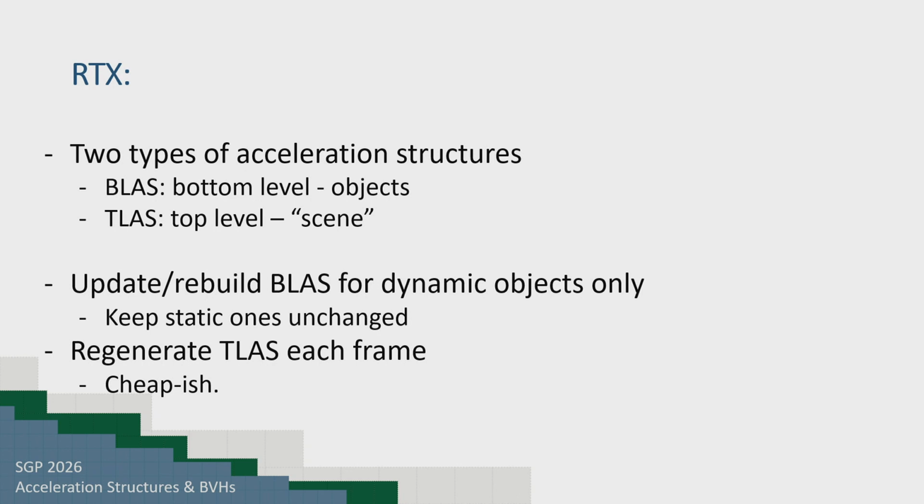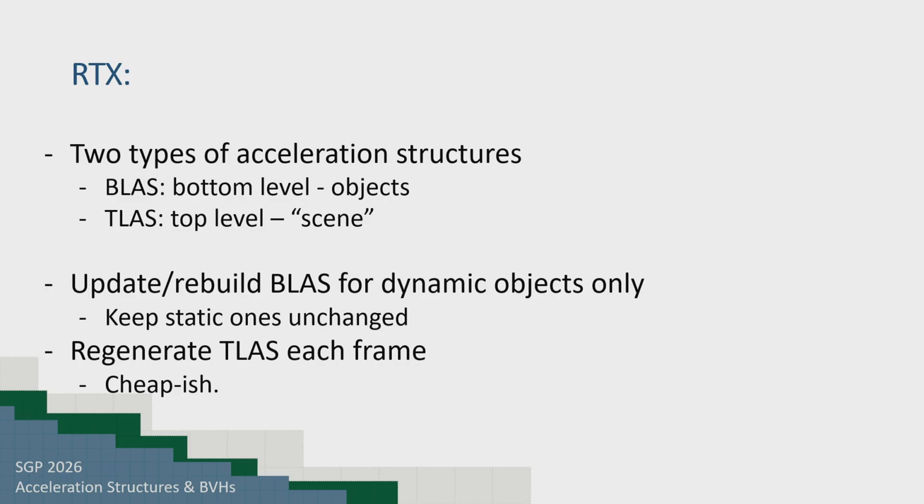The reason why we do this, for your scene, is you can build bottom-level acceleration structures for your static objects and keep them around for a long time. You probably want them to have a better, more expensive build, whereas your dynamic objects you keep in a separate bottom-level acceleration structure that you have to update and rebuild frequently, maybe with a cheaper build.